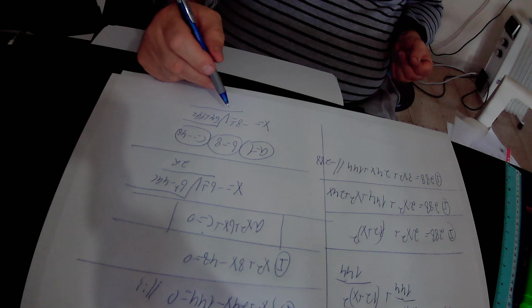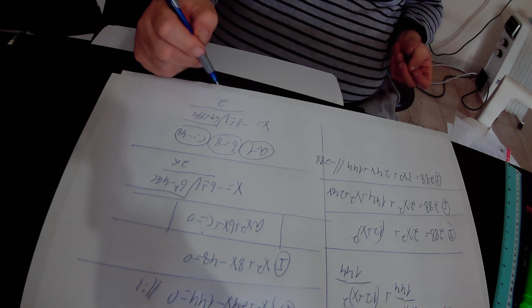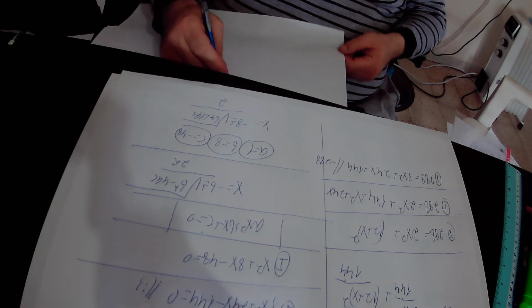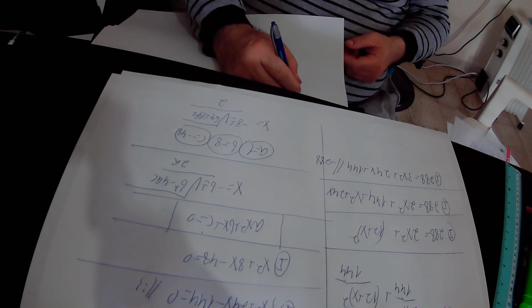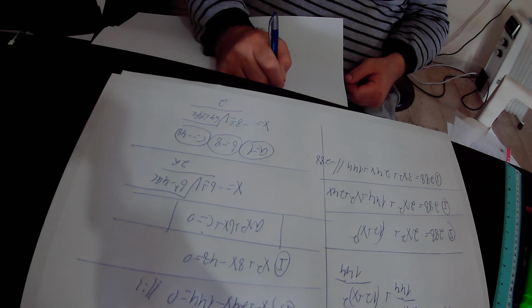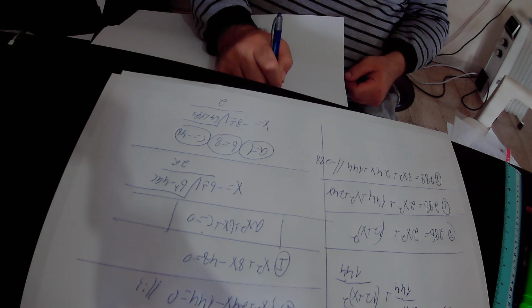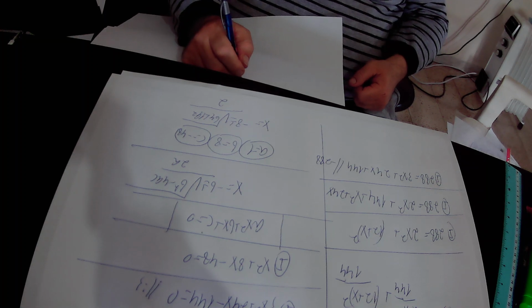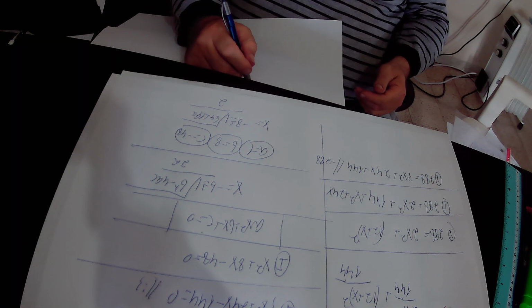A is 1, so 2a is 2 times 1, that is 2. So in conclusion, we found out that x equals minus 8 plus minus the square root of, and inside the root we have 64 plus 192, which is 256.